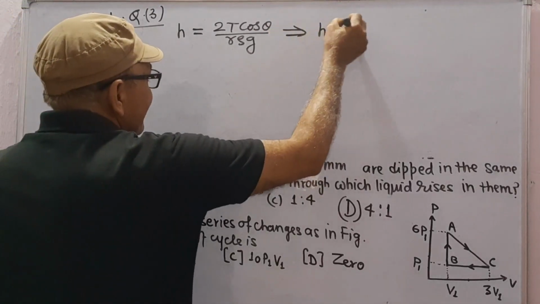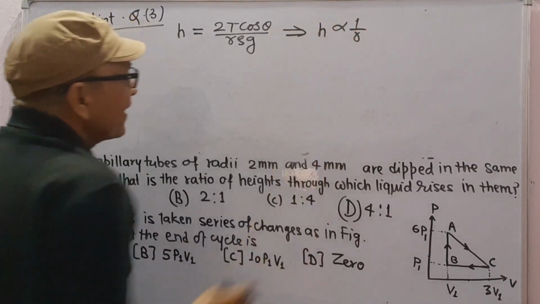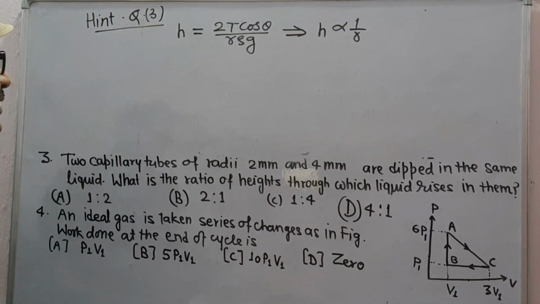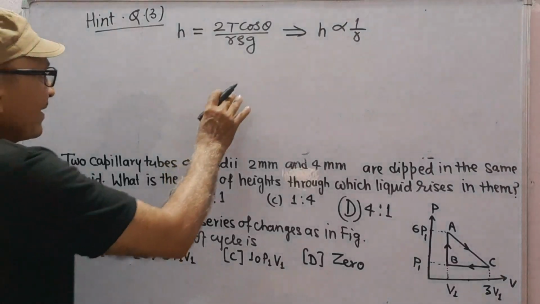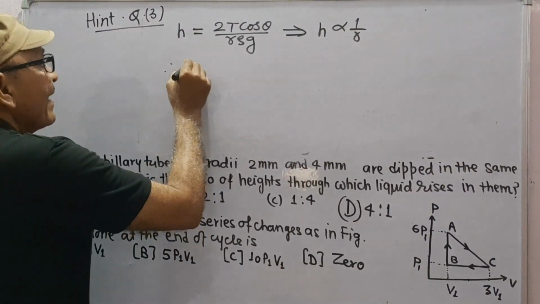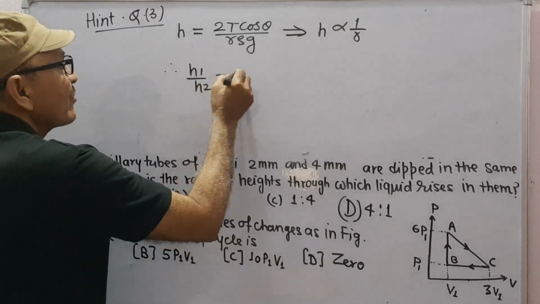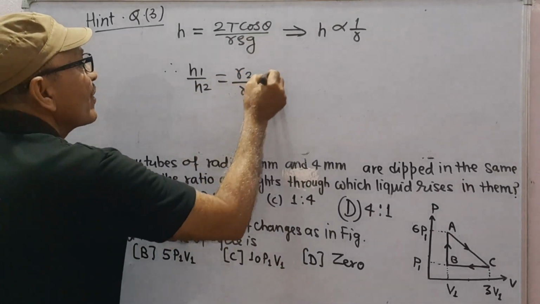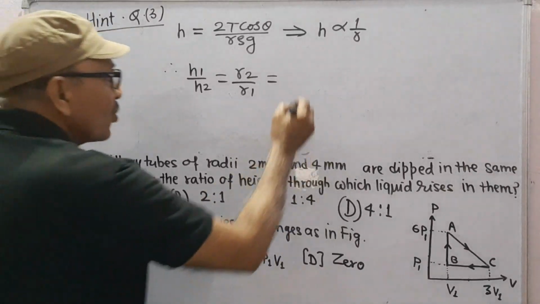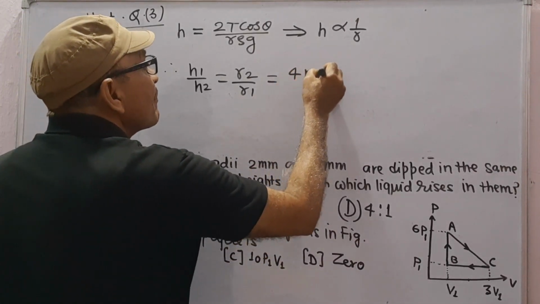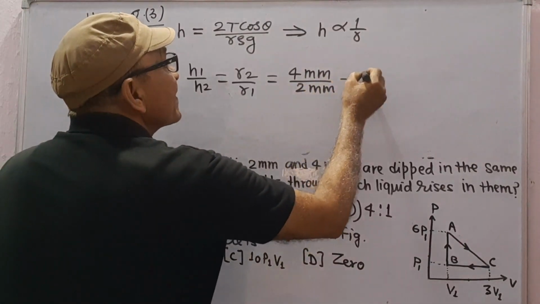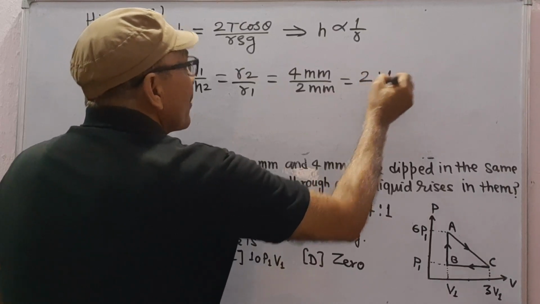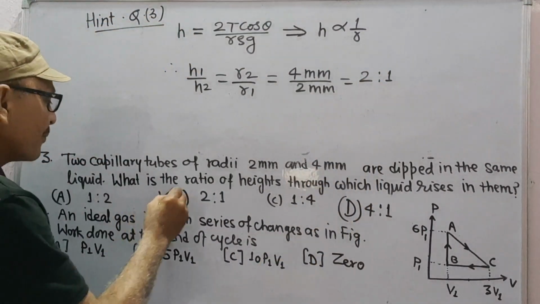This means that h is inversely proportional to r, as for the same liquid, angle of contact theta, density, and surface tension remain constant. Thus, h1 upon h2 will be equal to r2 upon r1. r2 is 4 mm and r1 is 2 mm, which gives the required ratio as 2:1. So the correct option will be B.